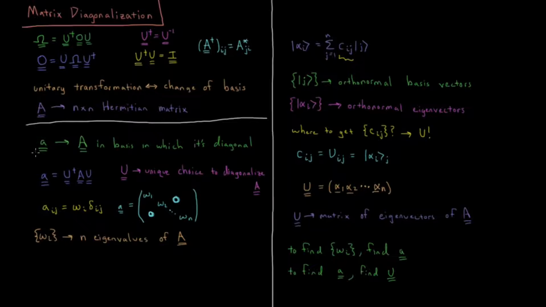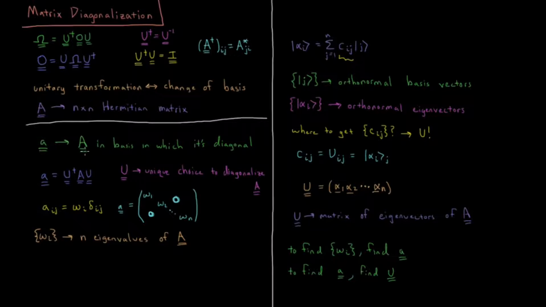So let's now define a new matrix, little a, with 2 lines under it indicating that it is a matrix. Little a is the basis of A in which it is diagonal. So little a is related by some unitary transformation to big A because they are just 2 different basis set representations of the same matrix.